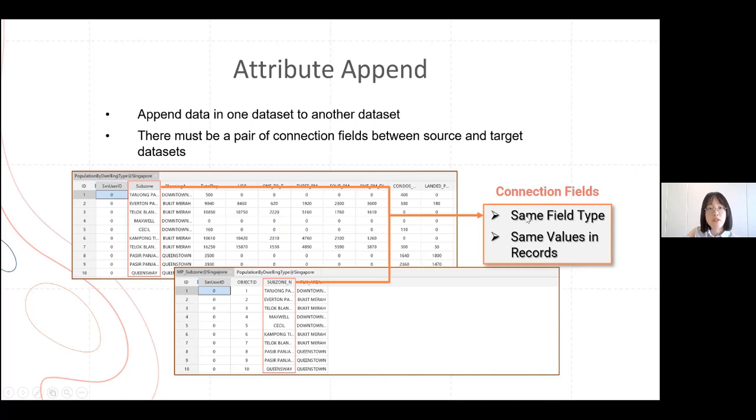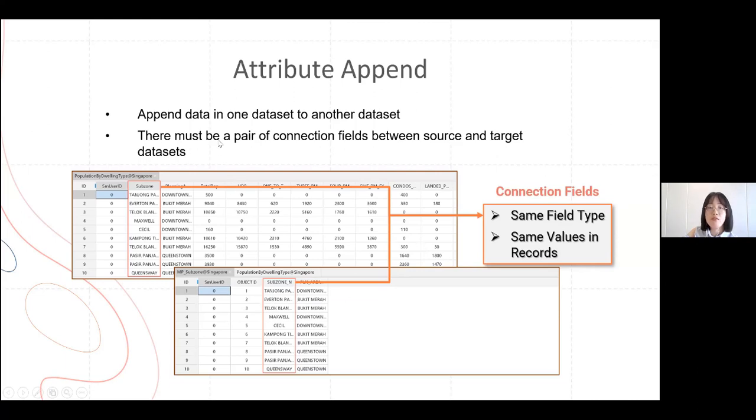The first one is they should have the same field type. And the second one is they should have some same values in the records. The values in these two fields don't have to be all the same, but there must be at least one same value in the records.